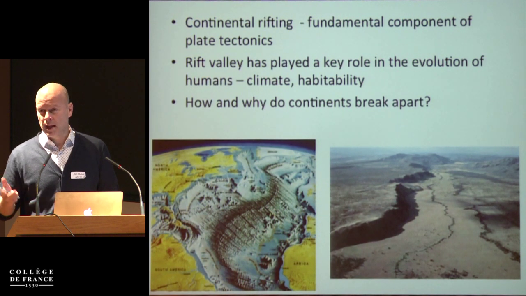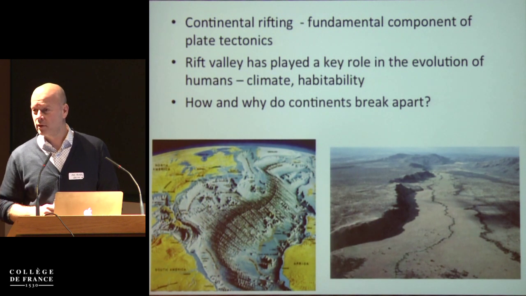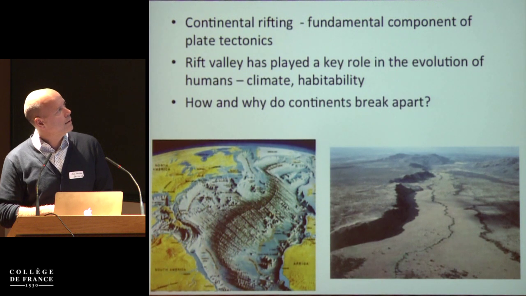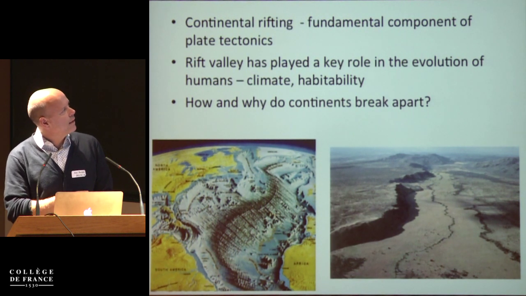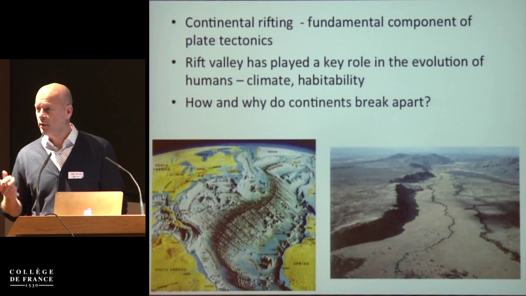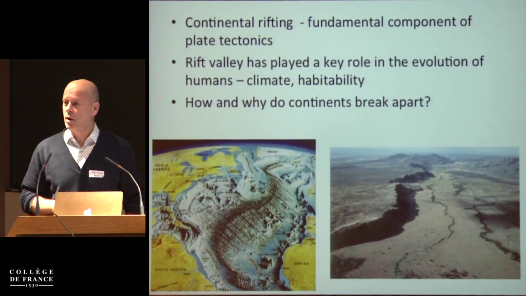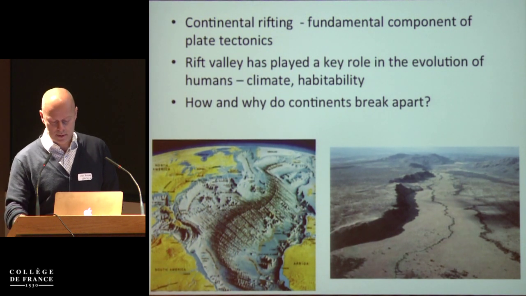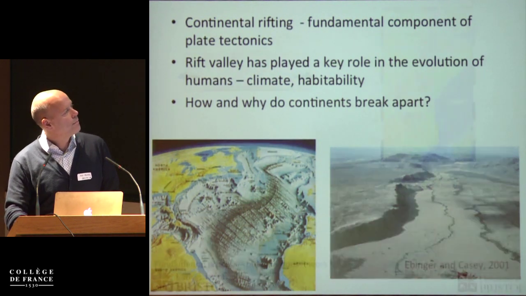Also, once you get elevation, it's easier for bipeds like humans to get away from much faster quadrupeds. So rifts have played a key part in the habitability of the planet. But having said that, the plate tectonic paradigm has been around for a long time, and yet why continents rift apart and open and close in Wilson cycles is still somewhat enigmatic.